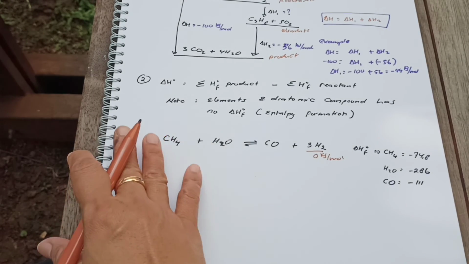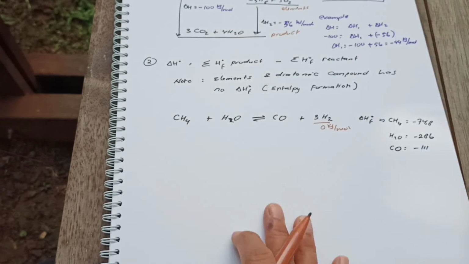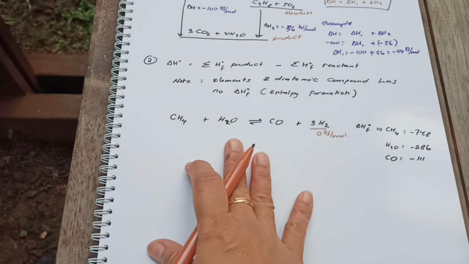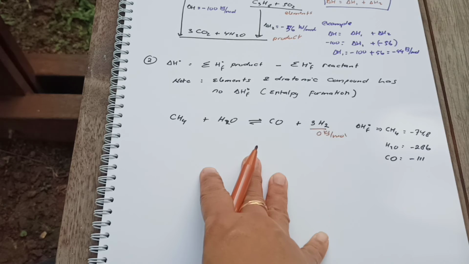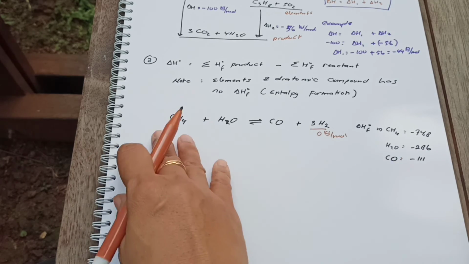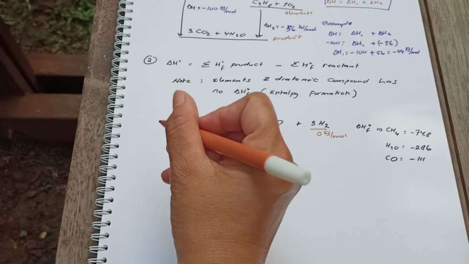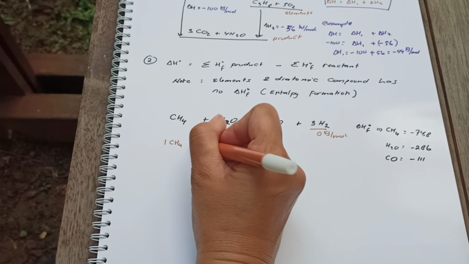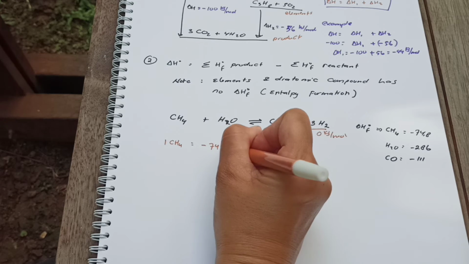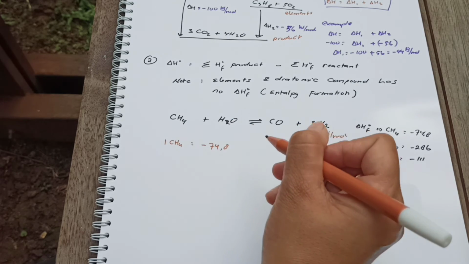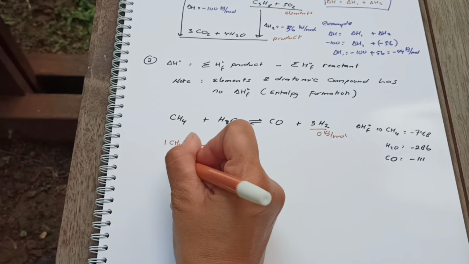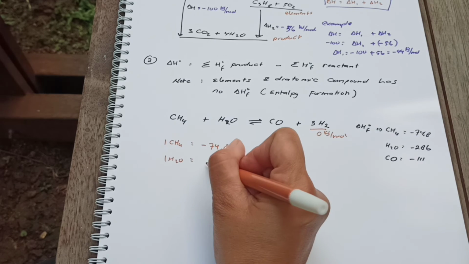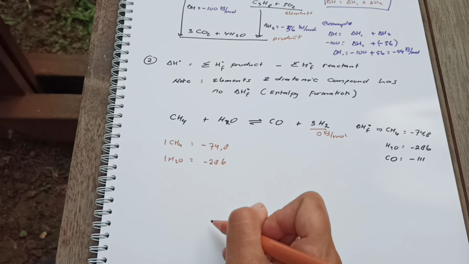Now, before we use the formula, you can break them down first if they have a coefficient. Because it doesn't have a coefficient, you just note it down here. We have 1 CH4, 1 methane, which is minus 74.8. Then we have 1 water, minus 286.